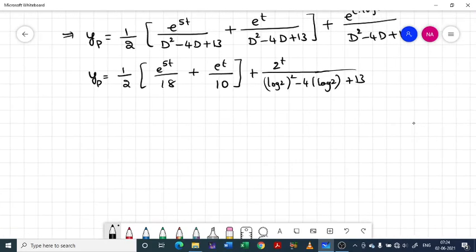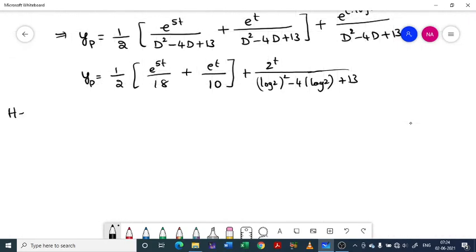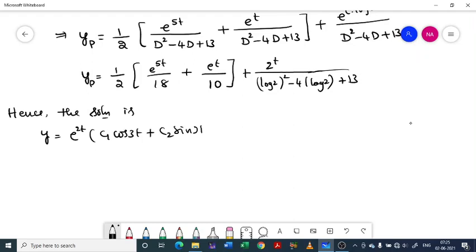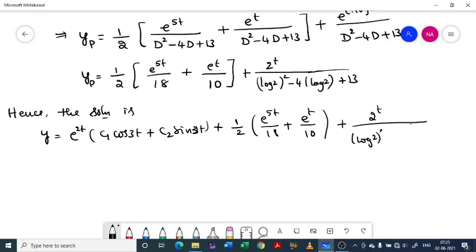Hence the general solution is y equal to e power 2t into c1 cos 3t plus c2 sin 3t, plus 1 by 2 times of e power 5t by 18 plus e power t by 10 plus 2 power t divided by log 2 whole square minus 4 log 2 plus 13.